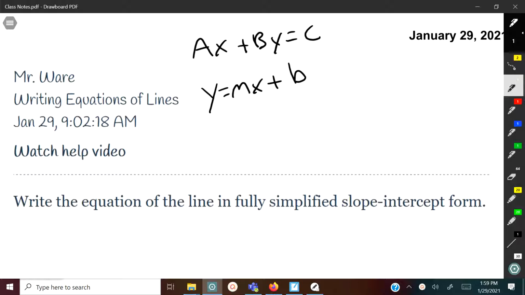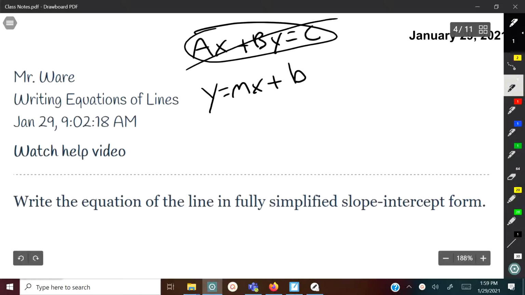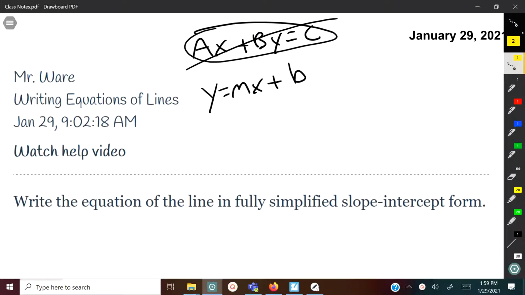What we're doing today is we just want to take a look at the line and fill in for the slope and the y-intercept, and take the line and write the linear algebraic equation for it, okay?